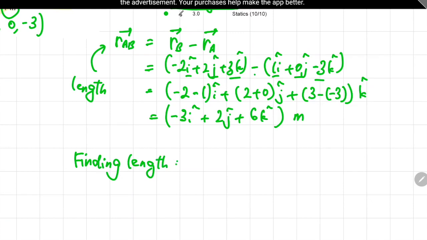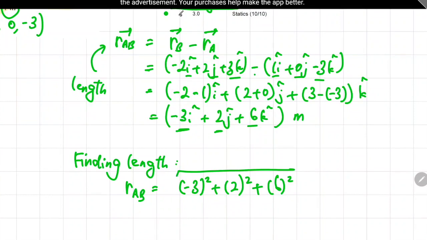Using this position vector, we can calculate the magnitude of the rubber band from point A to point B. Using the magnitude from each component in the position vector, the magnitude can be calculated whereby negative 3 kuasa 2 plus 2 kuasa 2 plus 6 kuasa 2, and then you square root the summation, and you will get the magnitude of the elastic rubber band to be 7 meter.